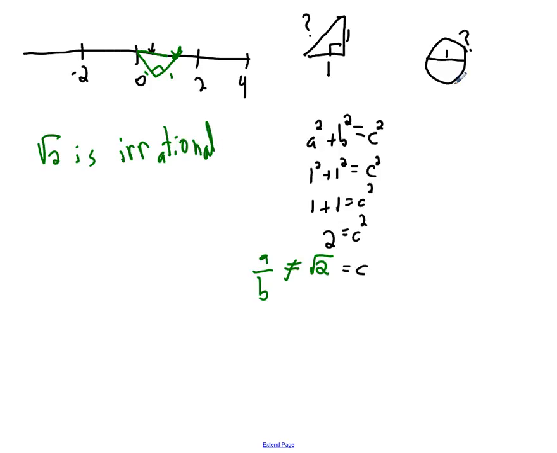And then the other classic example here: for every circle, we can make a ratio of the circumference to the diameter of that circle, and that gets a name we call pi.